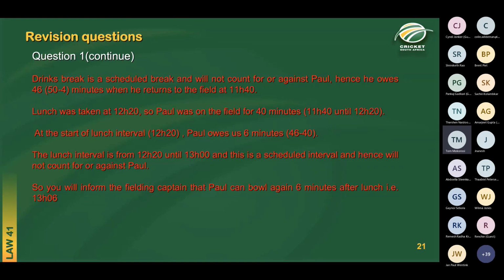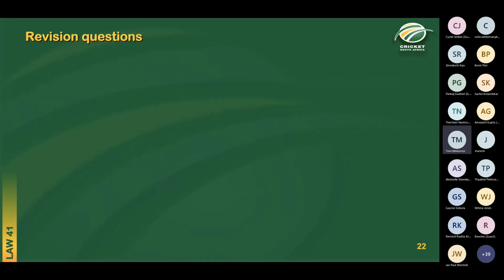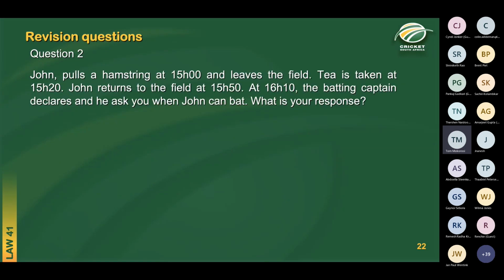It really is important, though, as umpires, for you to make sure that the teams are on the field and ready to play at 13:00 and not 13:01. Okay, so just a bit of field craft for you guys along with that answer. Well done, Jitendra. Let's give somebody else a chance now.